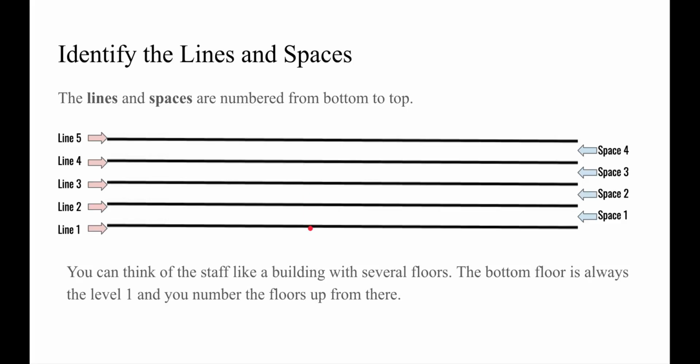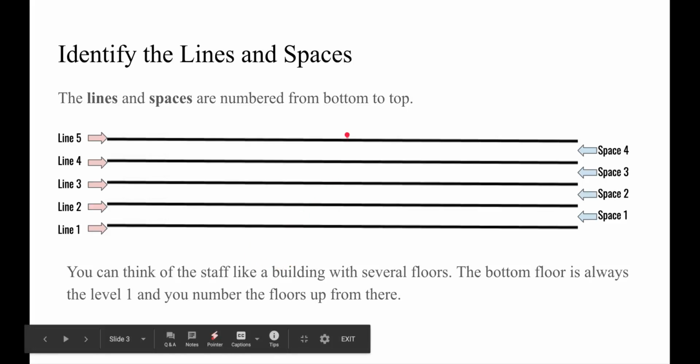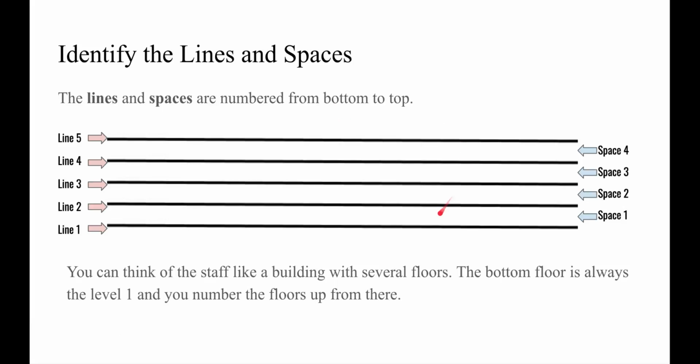That wouldn't make sense. So you could imagine that the staff is a nice tall building. Maybe even below the staff, you can imagine a parking garage or a basement. And then above the building, you can imagine that this is like the rooftop, and that you number 1, 2, 3, 4, 5, up from there.